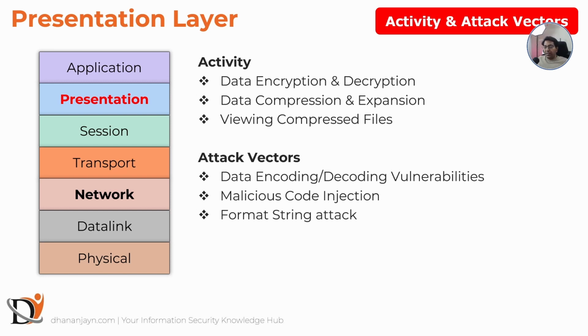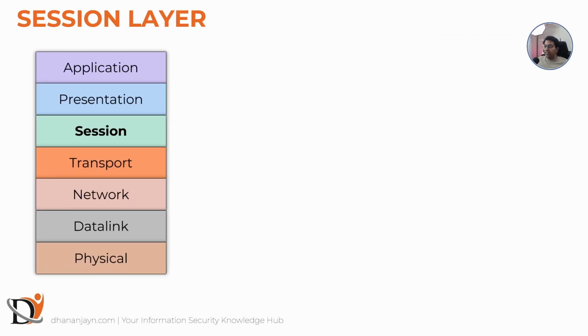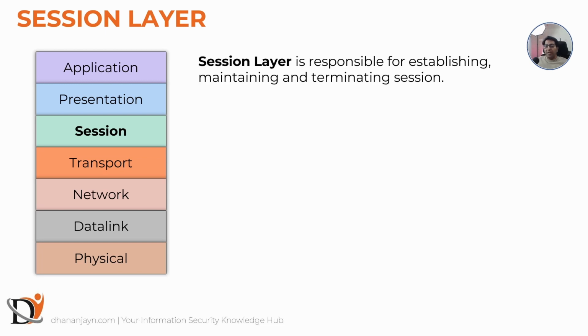It is possible from the browsers, using many pen test tools, to also format the strings which are supplied during the client-server GET and POST operations. So these are the attack vectors at the presentation layer. With this we complete the presentation layer.